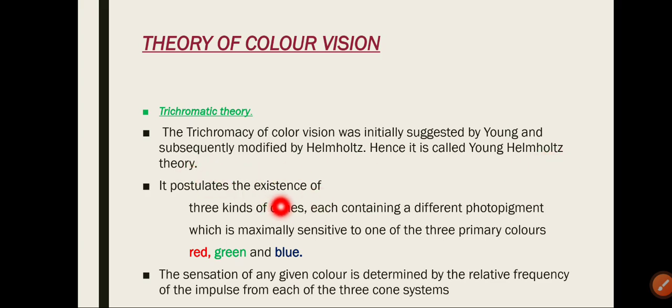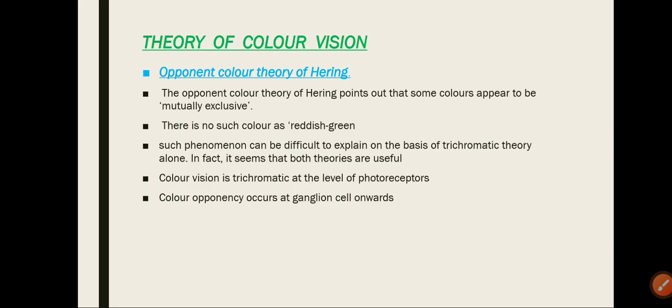It postulates the existence of three kinds of cones, each containing a different photopigment, maximally sensitive to one of the three primary colors: red, green, and blue. The sensation of any given color is determined by the relative frequency of impulses from each of the three cone systems.